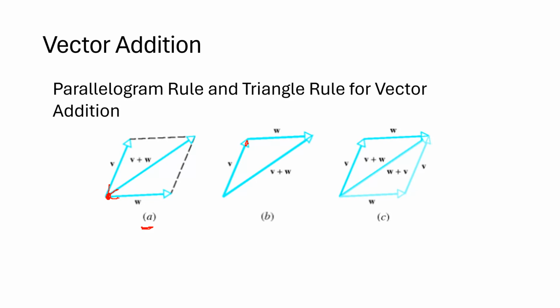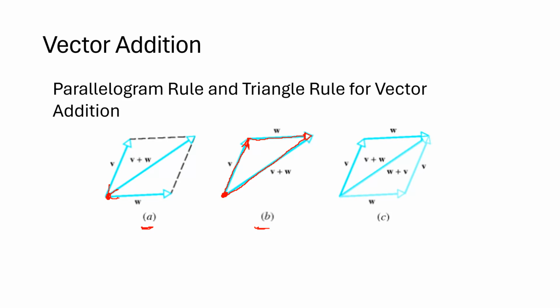So here we have a vector v, and for vector w, the initial point of vector w is placed on the terminal point of vector v. Okay, and then connecting the initial point of v to the terminal point of w, you have the sum, vector v plus vector w.